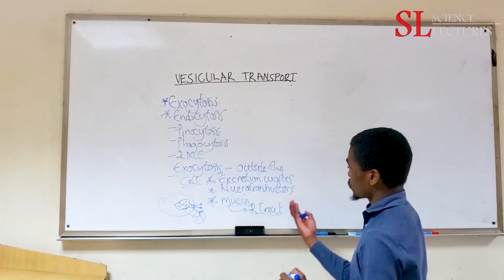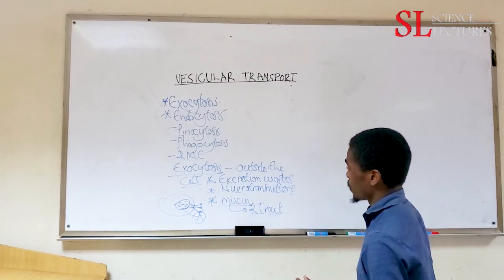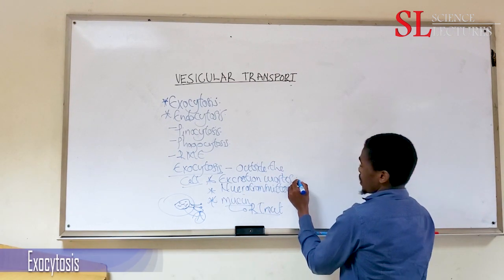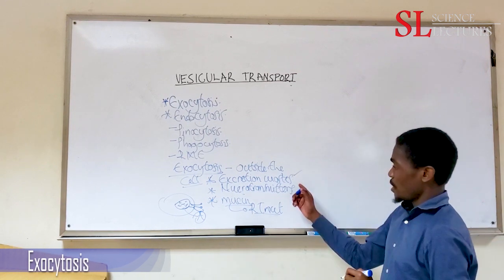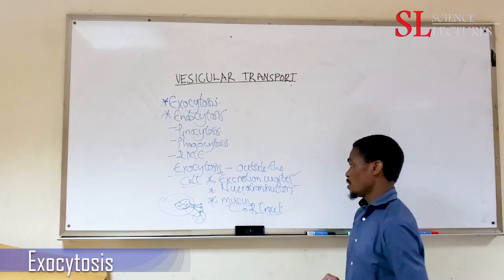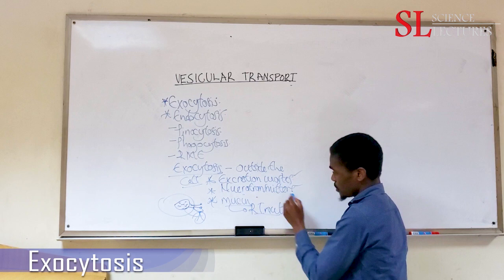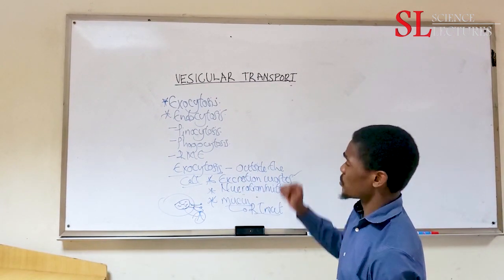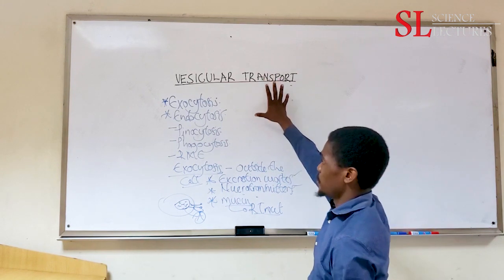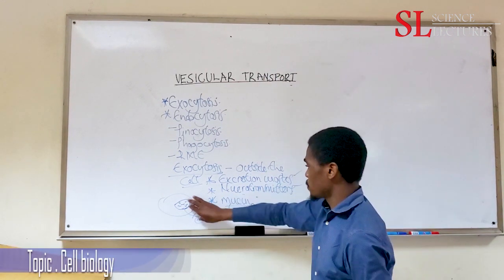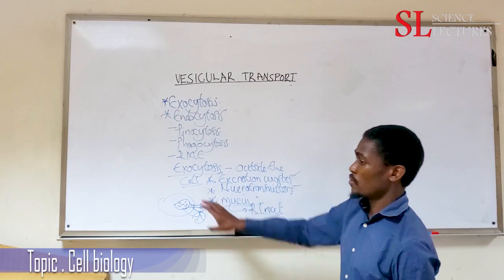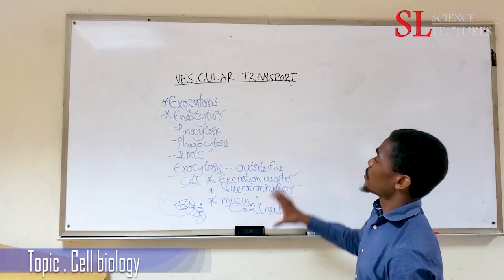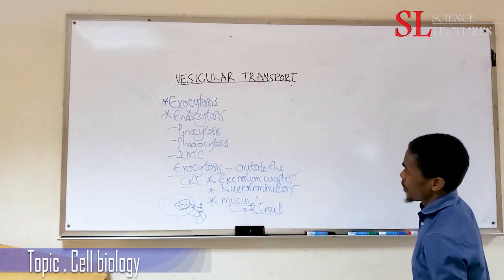So this molecule exited out of the cell can be an excretory waste, it can be a neurotransmitter, it can be a mucus in the respiratory tract. So that is simply exocytosis as a form of vesicular transport. So we'll have a vesicle transporting the molecule on outside of the cell. So that is it for exocytosis.